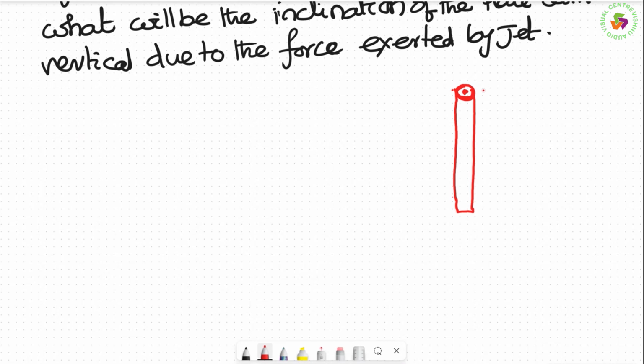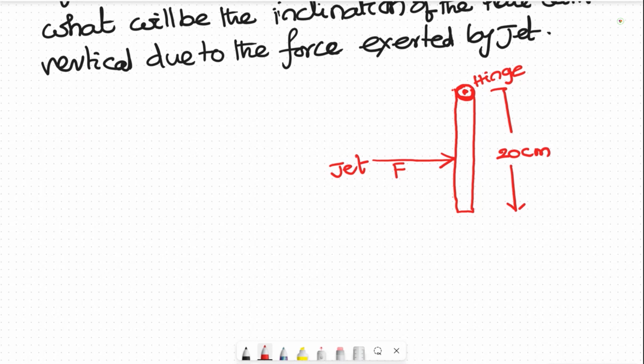You can write this as a hinge. Right now the jet is striking at the center. Actually this is where the jet is striking. Fine. Then next, this plate length he has given is 20 centimeters.